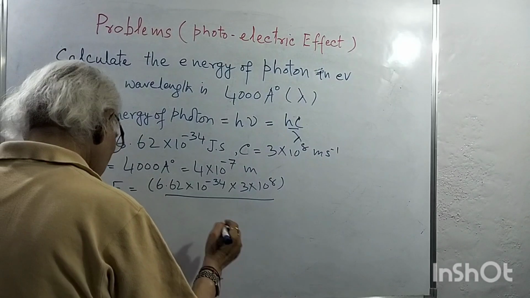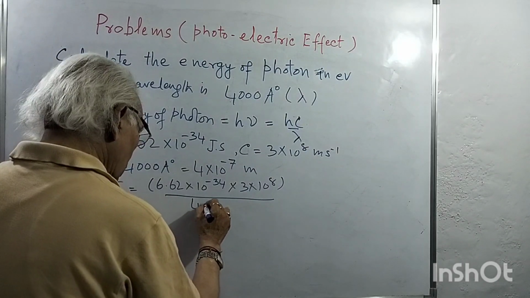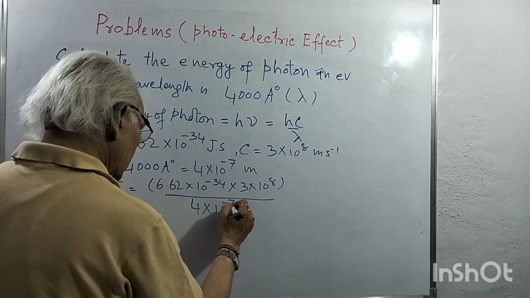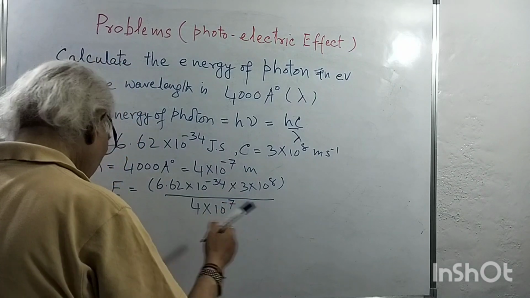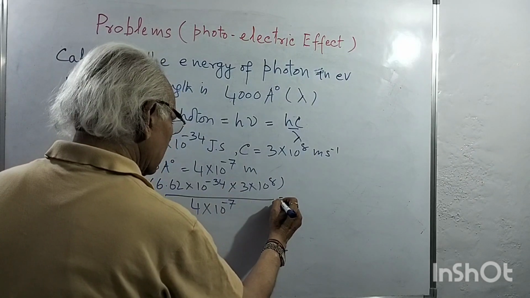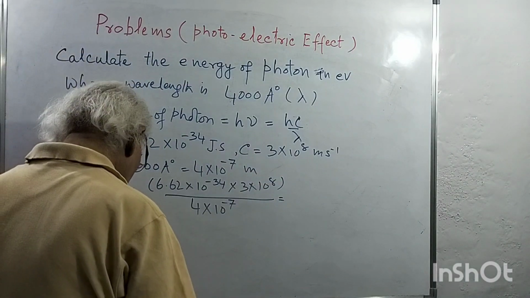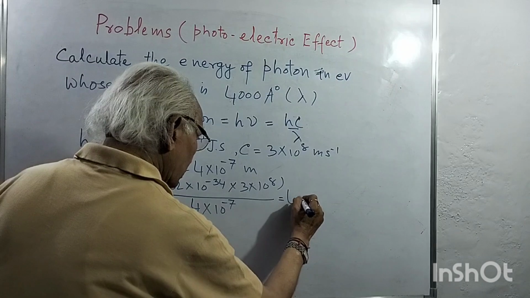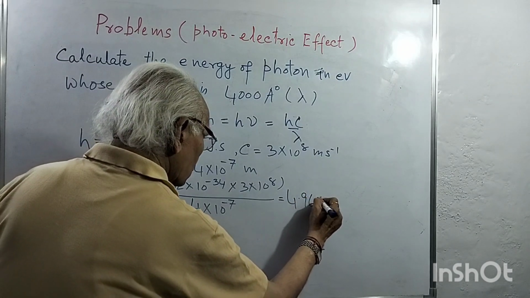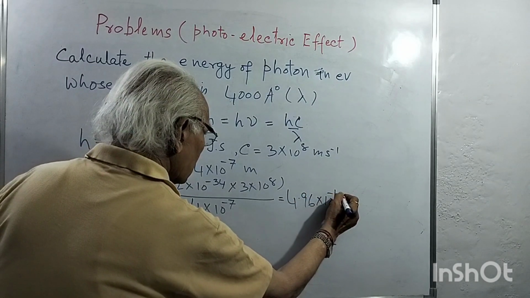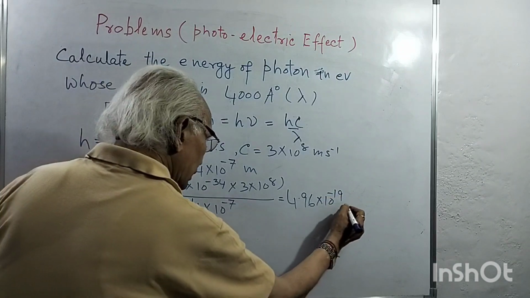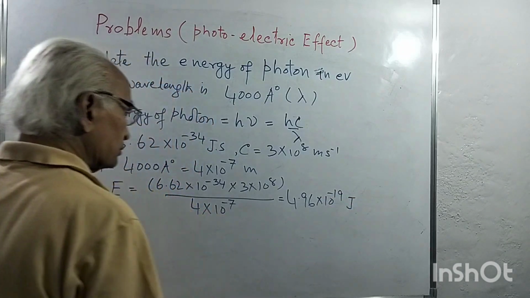Lambda is 4000 angstrom, means 4 into 10 to the power minus 7 meter. Well, you calculate and multiply. I get 4.96 into 10 to the power minus 19, and the energy unit is joules.